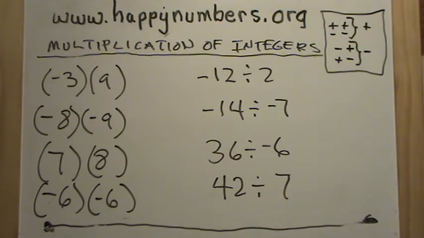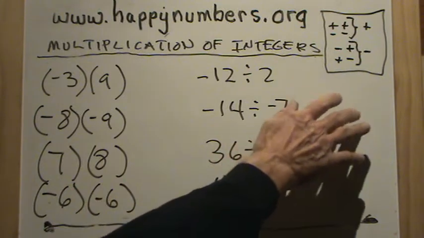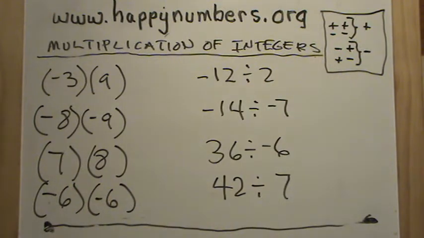Okay, there are some problems for you. Put your DVD on pause, copy down the problems, and work them. Now you have 4 division and 4 multiplication. Remember, the rules are exactly the same. All right, so go ahead.